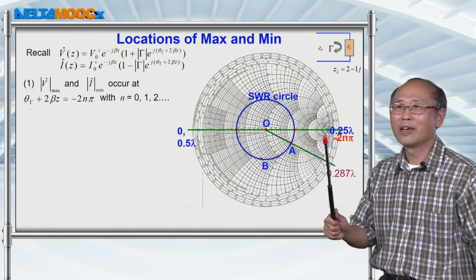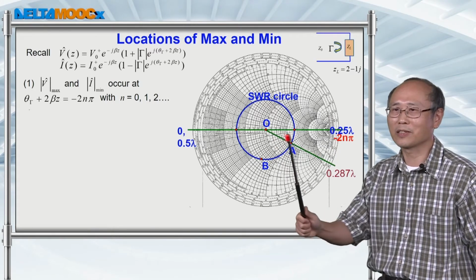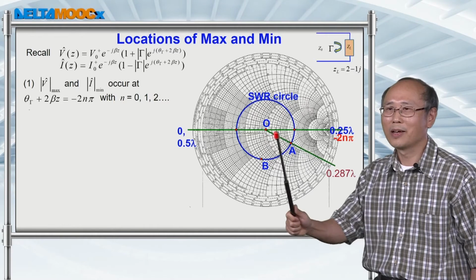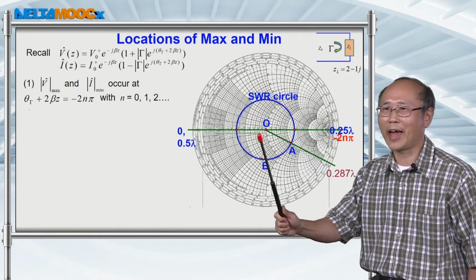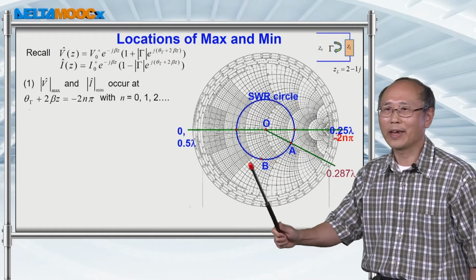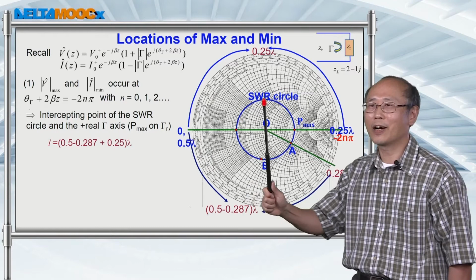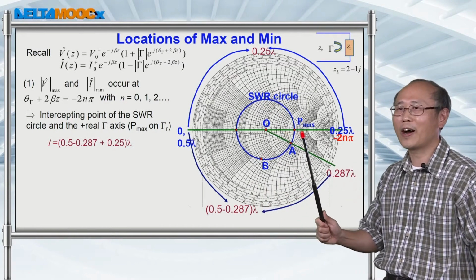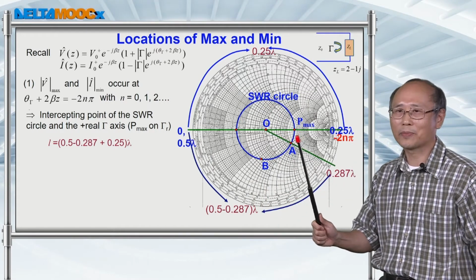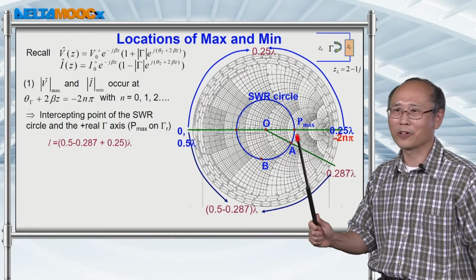And apparently, the minus 2nπ phase is on this axis, on the positive portion of the real axis. So you need to go all the way to this point and continue to move to this point to find the location of the maximum voltage or the minimum current location.